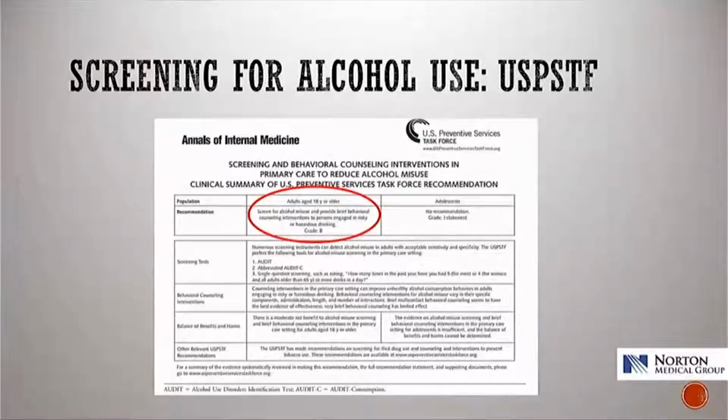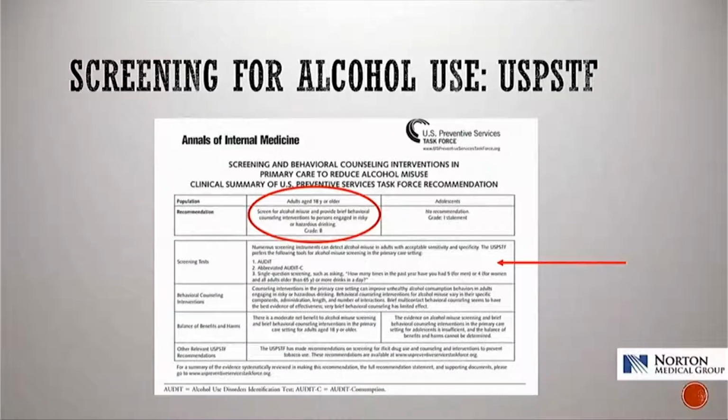There are different tools to screen your patients, which I'll list in another slide. But there's many screening tools out there, and it usually doesn't take a lot of time. If there's a positive screen, then there are some brief interventions that need to occur when that happens.